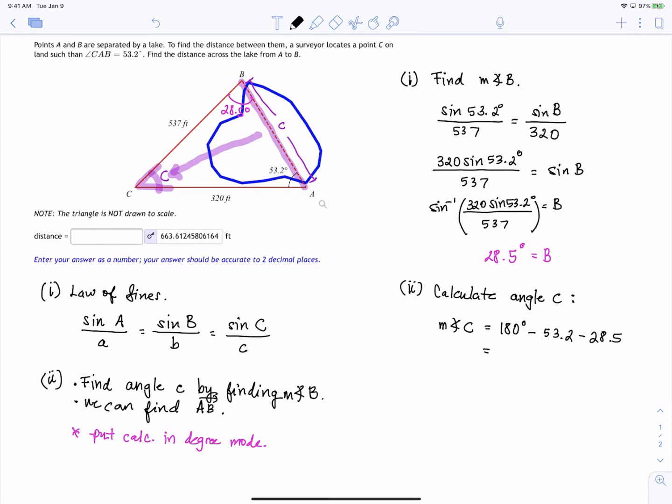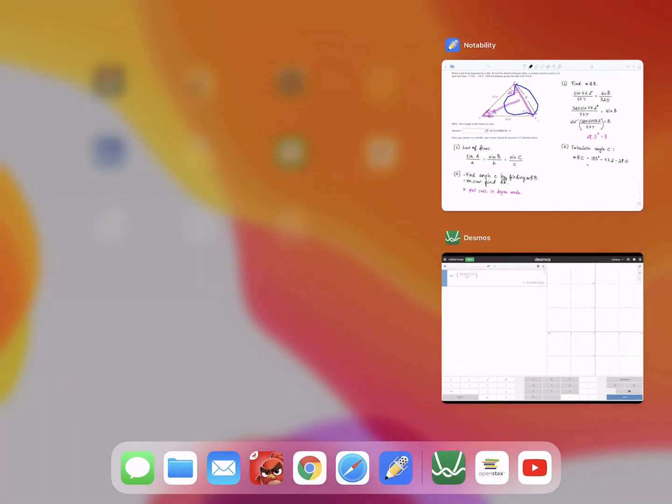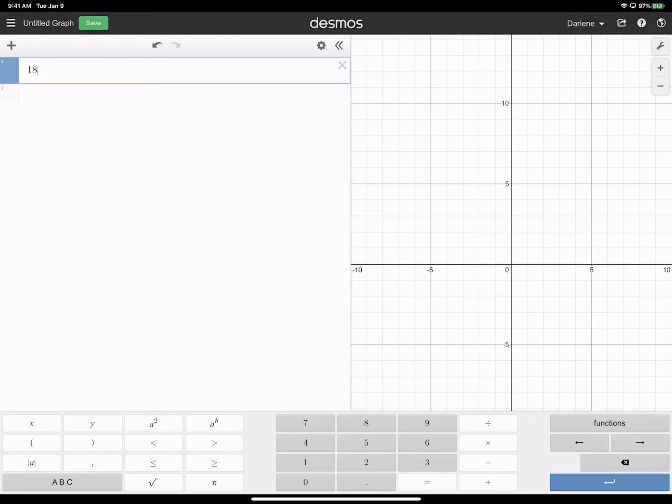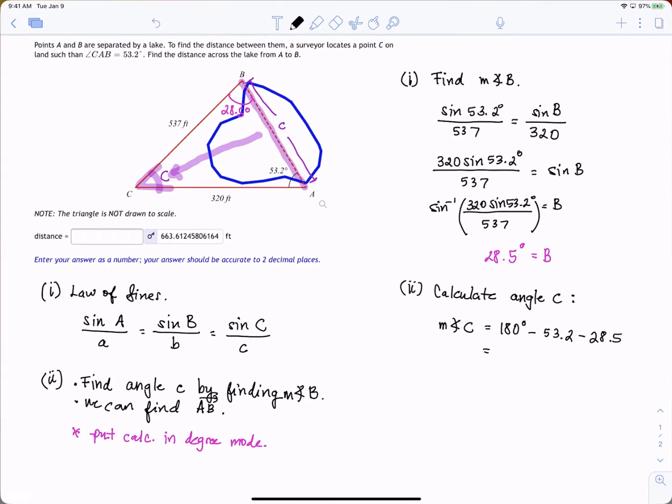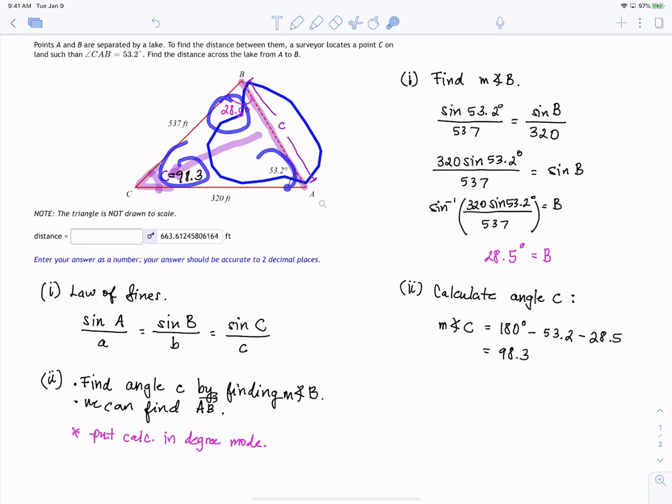So we can go ahead and just do that in our calculator. Do 180 minus 53.2 minus 28.5. And so we get 98.3. Excellent. So now we have 98.3. And if we add all three of these up, it should be 180.